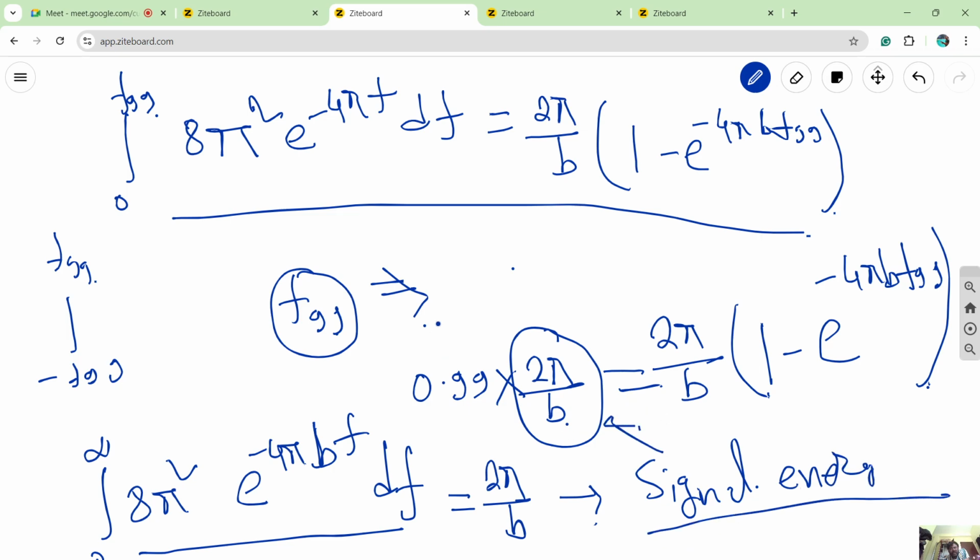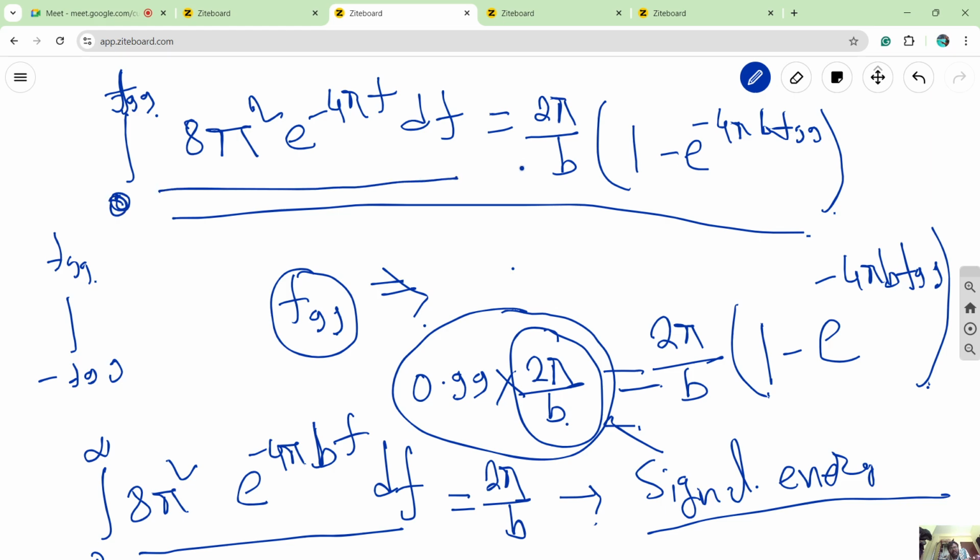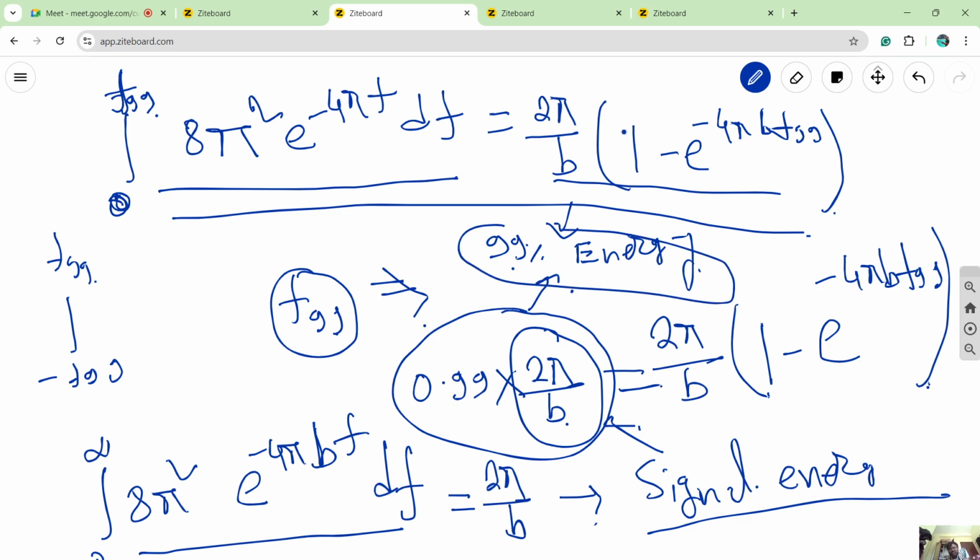And 99% of the signal energy is this term. And again, over this particular frequency band 0 to F99, we calculated the actual energy. This is also the 99% energy. So both these terms should be equal.